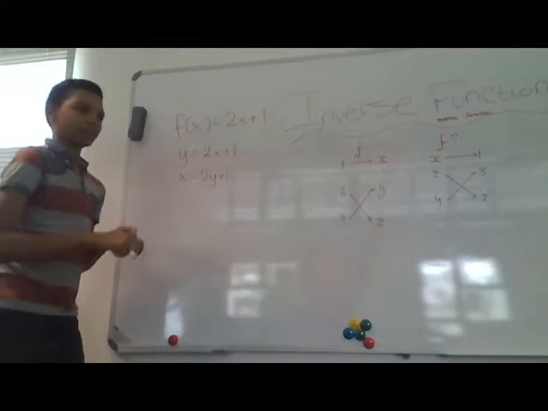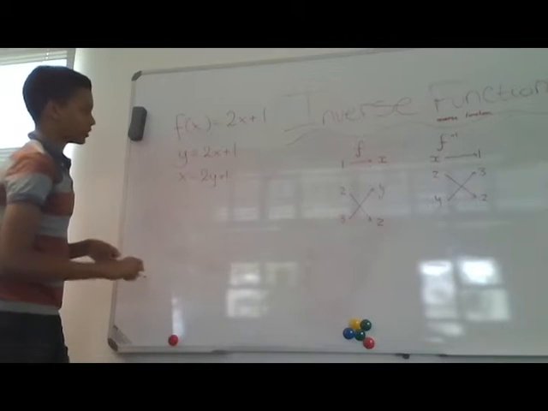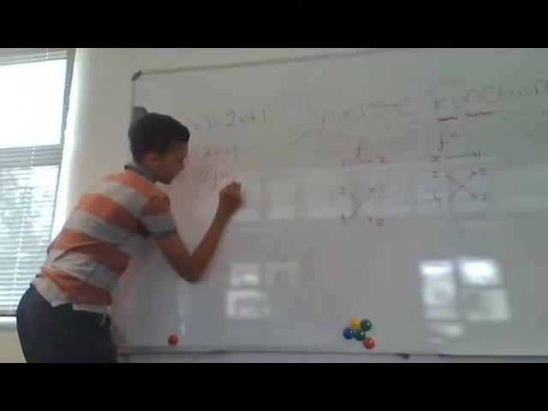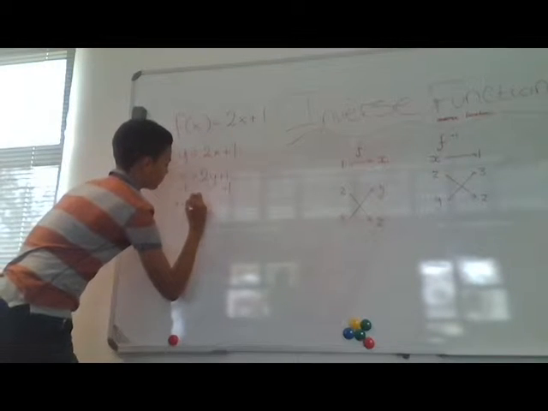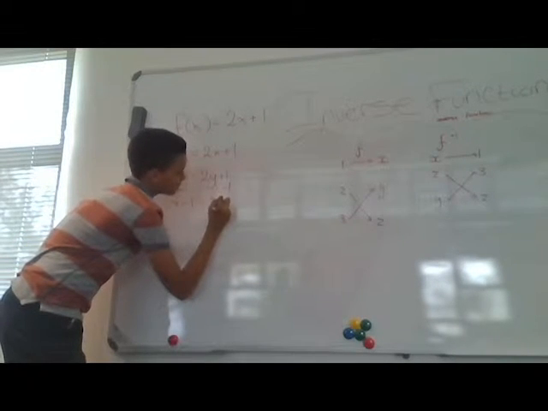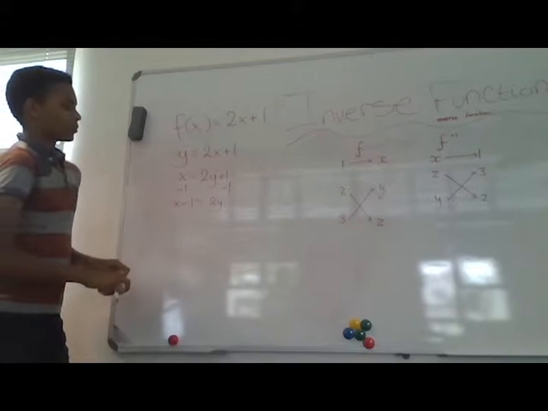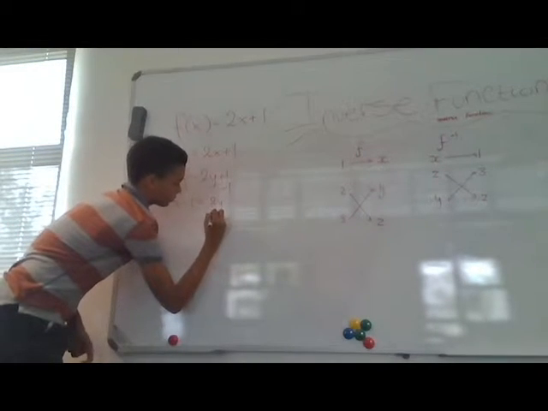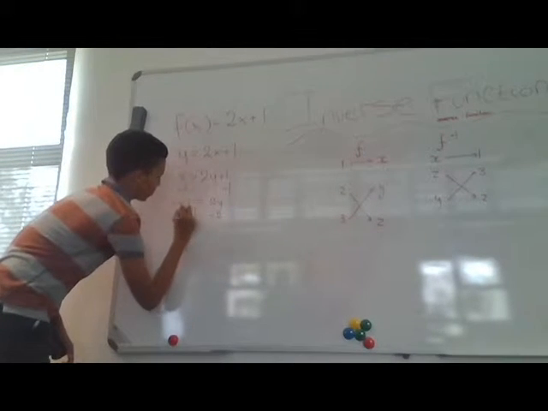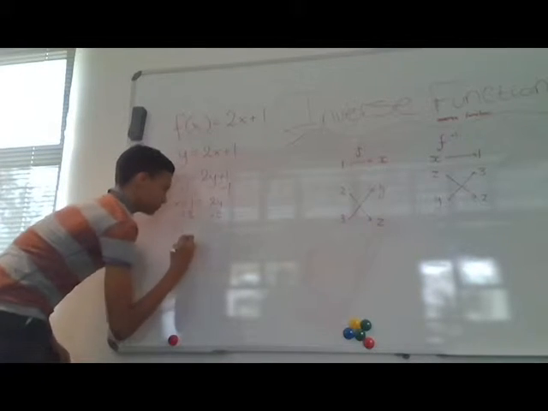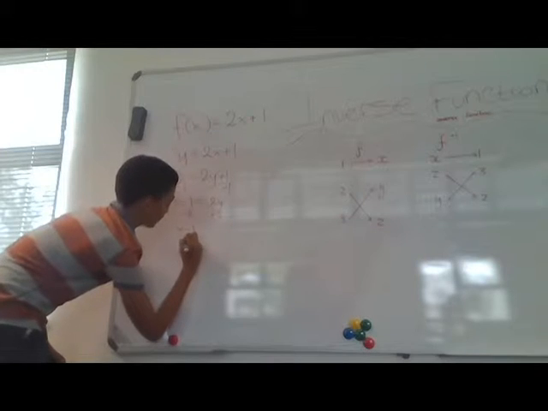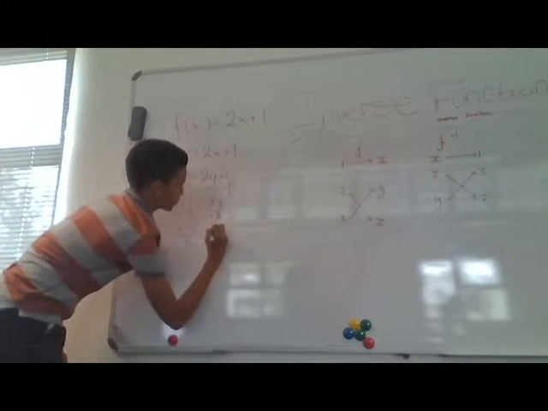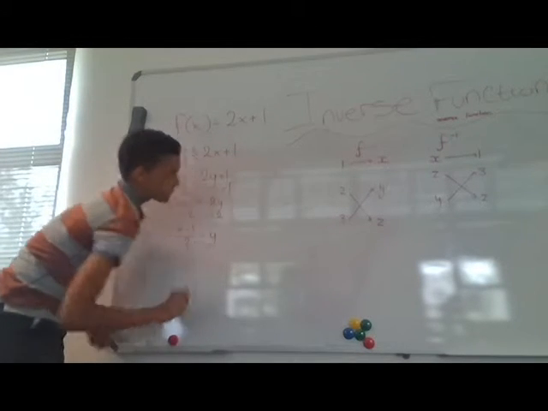Then you go about it as if it were a normal equation, and you start by getting rid of the 1. That makes it x minus 1 equals 2y. And in order to get the y alone, you have to divide both sides by 2, making it (x minus 1) divided by 2 equals y.